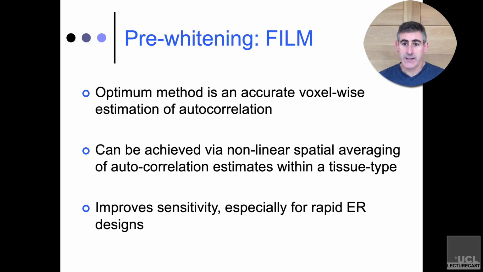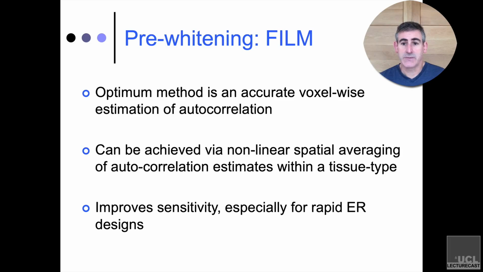So if you really are keen to make sure that you're maintaining as much temporal resolution as you want, then using this kind of FILM approach and using the FSL software is probably the way to go. So for instance, if you're doing a really rapid event-related design, FILM offers you better statistical sensitivity than using an AR1 approach, because some of what's happening in your design is at a very, very high frequency, and you're losing some of that temporal resolution by using an AR1 approach.